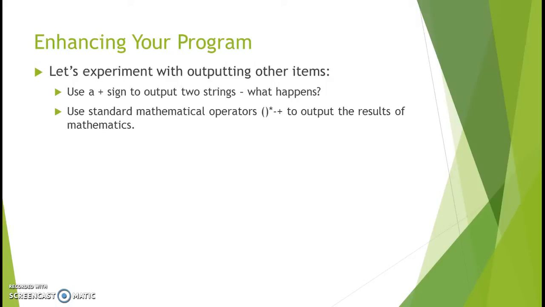Try using standard mathematical operators in order to do calculations, and you can combine those calculations with output to the screen. So you can mess around with those things, try doing some experiments, see what works, see what doesn't, and pretty quickly I think you'll get a feel for some of the things that you can do.